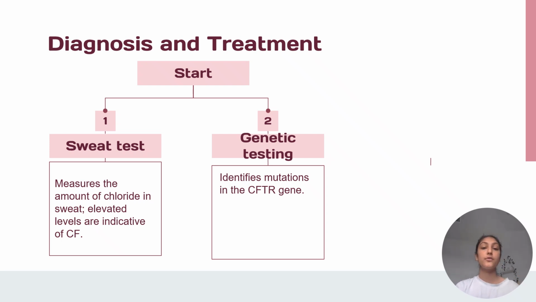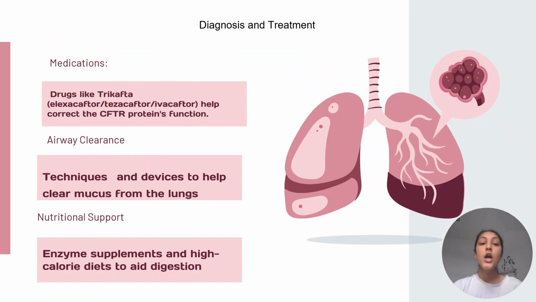We also have treatments. Let's dive into it. Medication to thin mucus. Drugs like Trikafta help correct the CFTR protein function. We have antibiotics to prevent infection as well, and we have nutritional support: enzymes, supplements, and high-calorie diets to aid digestion.